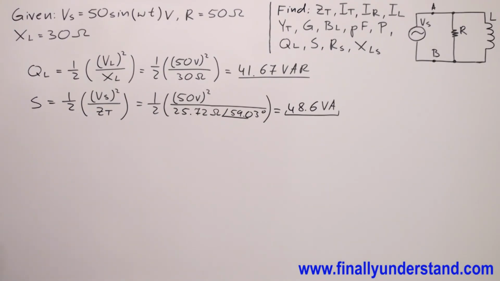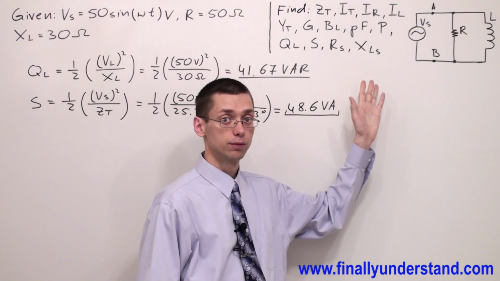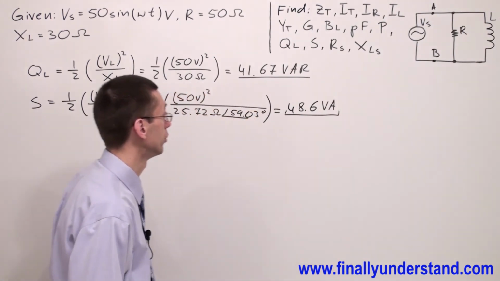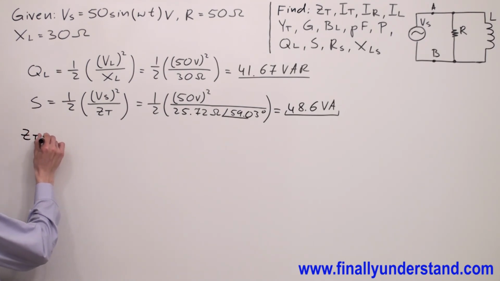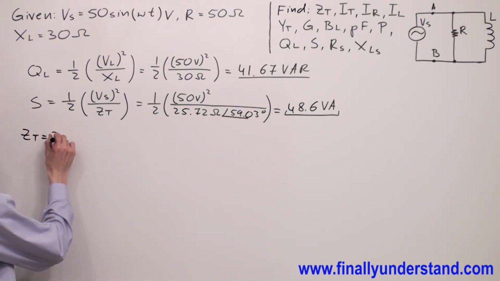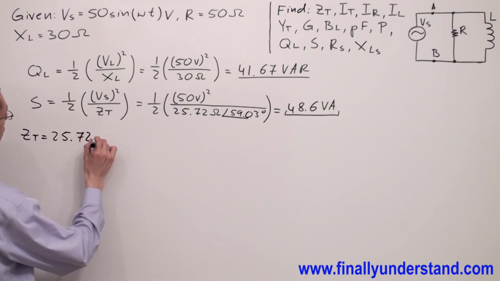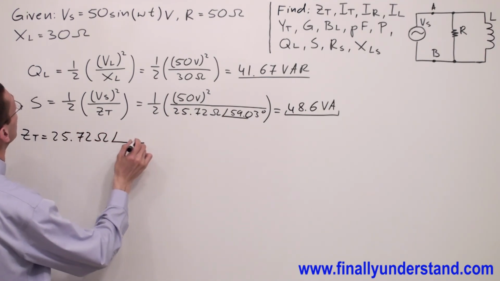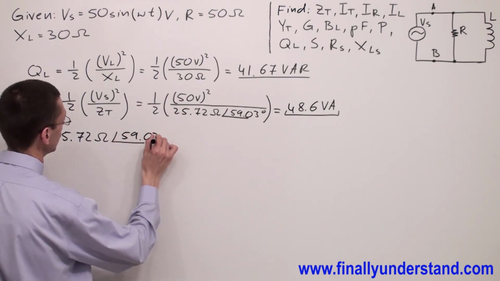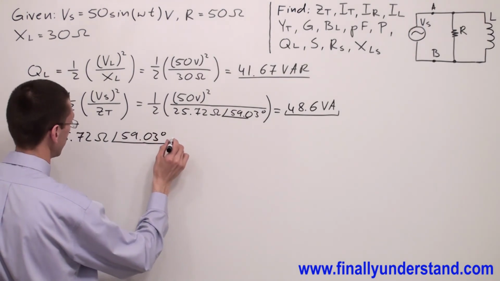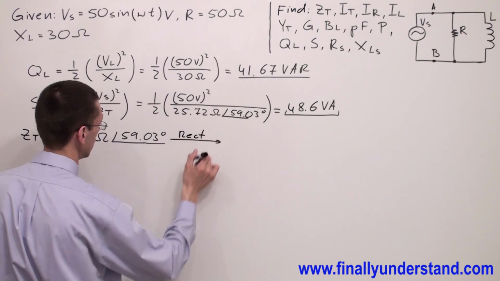Next, I'm supposed to find the series equivalent circuit. In order to do so, I'm supposed to use the value of Z total. Z total is equal to 25.72 ohms and angle of 59.03 degrees. Convert this to the rectangular form.